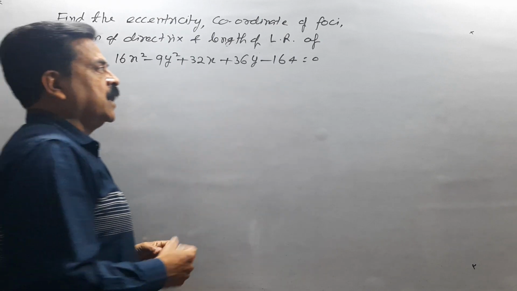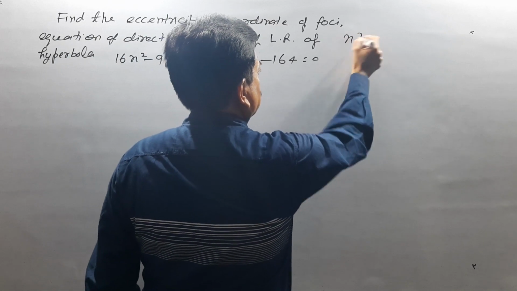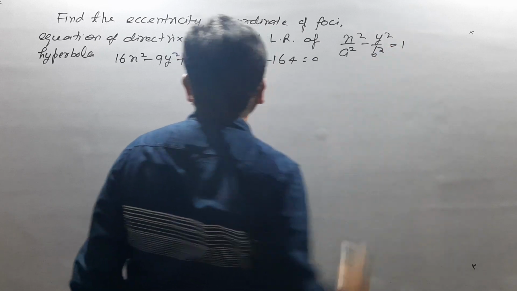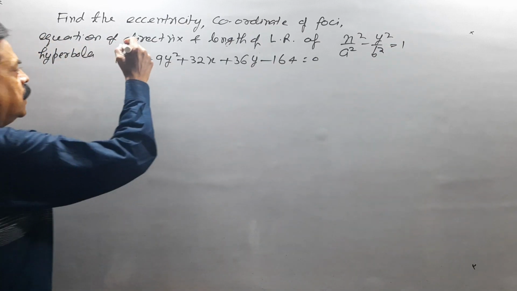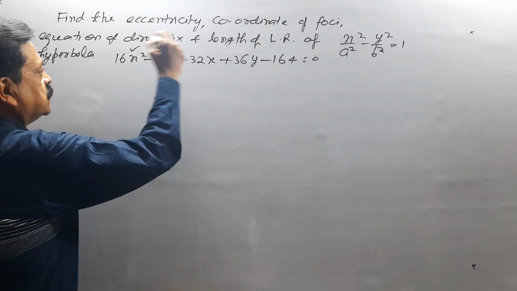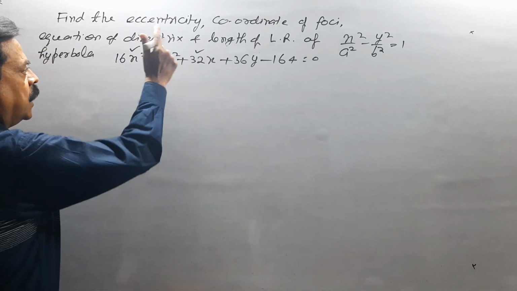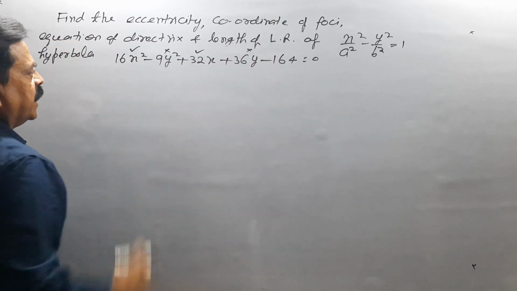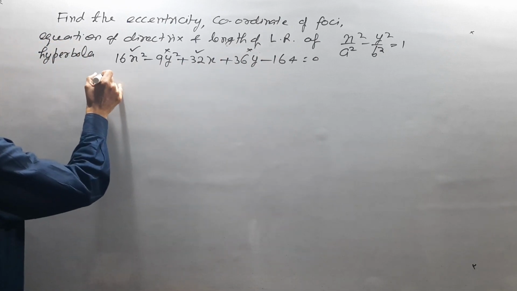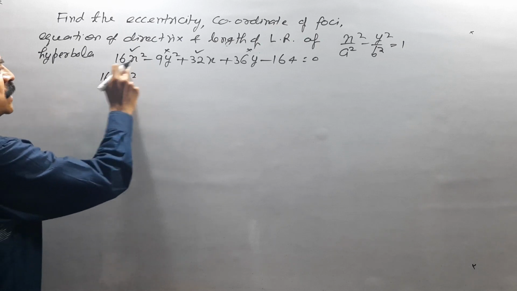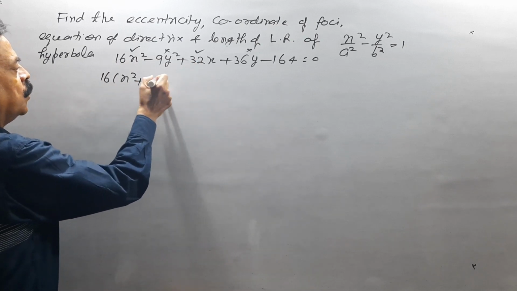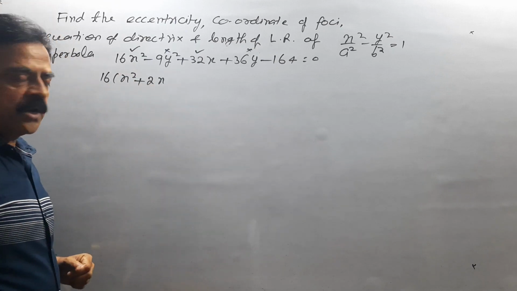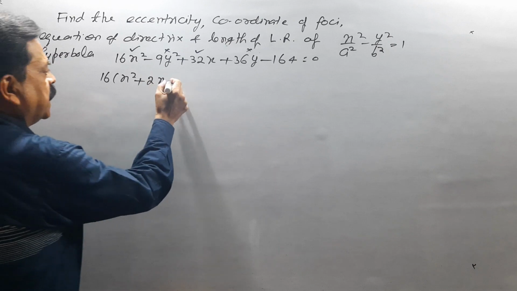As we know, the standard form of a hyperbola is x square upon a square minus y square upon b square equals 1. Write the terms of x together and then the terms of y together. In terms of x square, 16 is common, so x square plus 2x, and we have to make it a perfect square, so adding and subtracting 1.